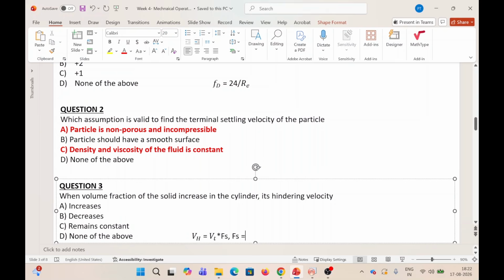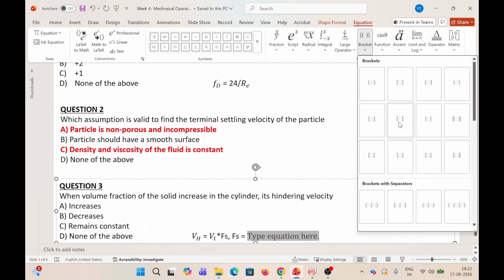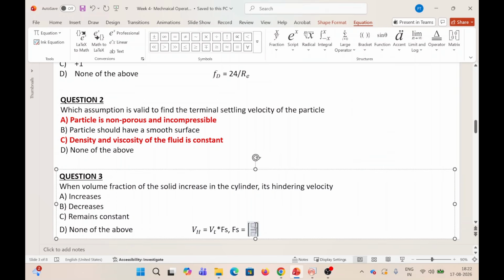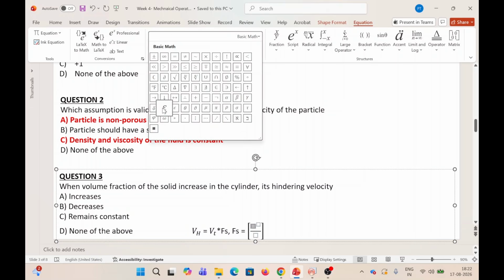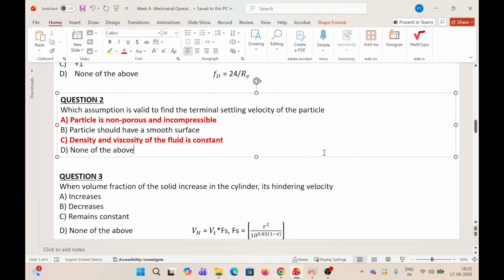So FS is the factor, and this is the value of FS.